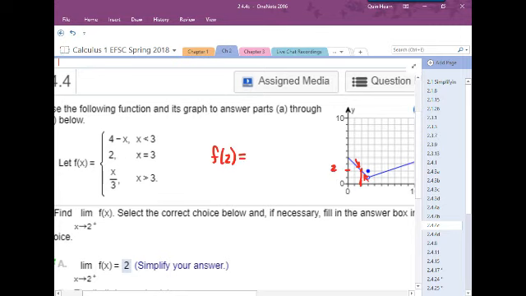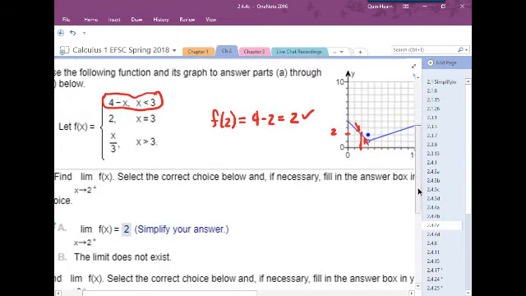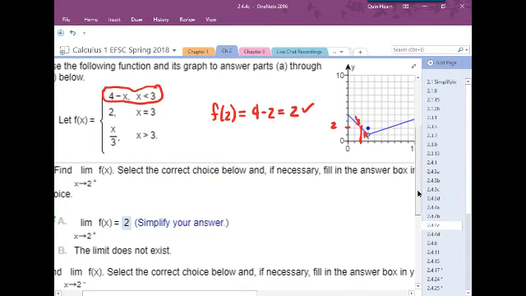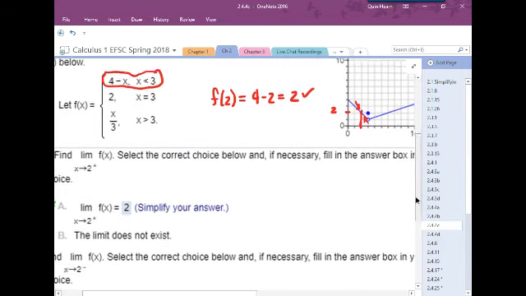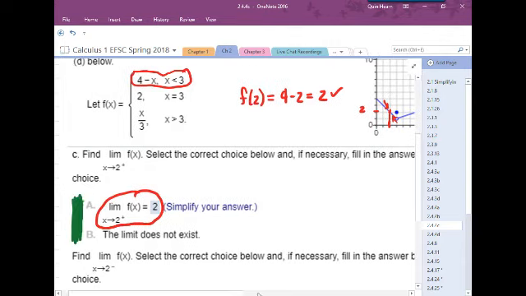Let's see. To plug in 2, we're using the rule where x is less than 3, which would give us 4 minus 2, which is 2. Yeah. So no matter how you look at it, the limit from the left equals the limit from the right equals the limit, which is the function value, which is 2. So if you're asked about any of those facts, you're going to get a 2.